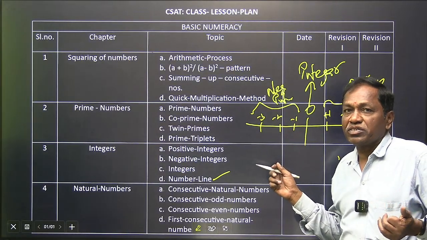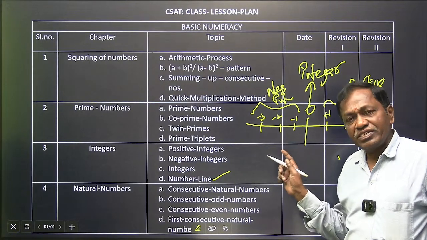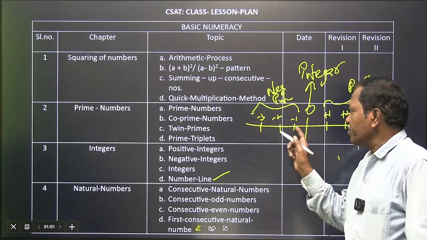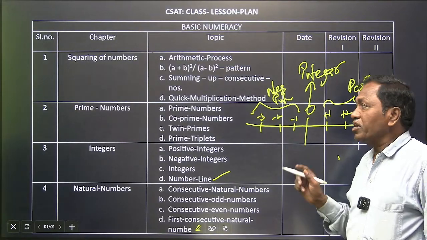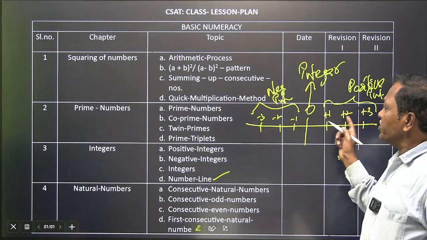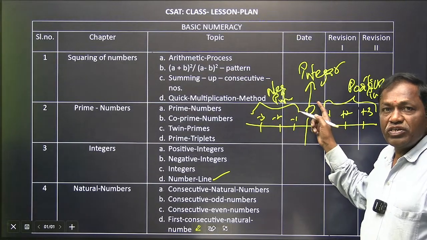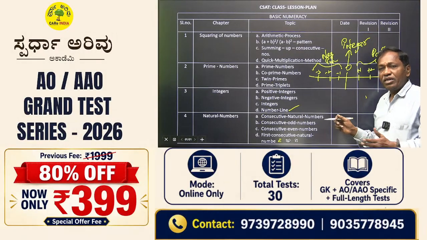In CSAT, about 2 years ago, a question was asked in such a way, and I'm talking about only CSAT here: what is the smallest non-negative integer? Integers are positive integers, negative integers, and 0 is an integer. That's all. 0 cannot be treated as either plus or minus.